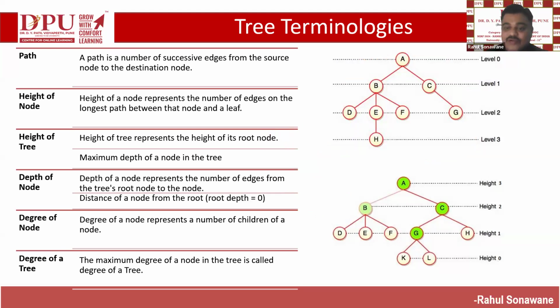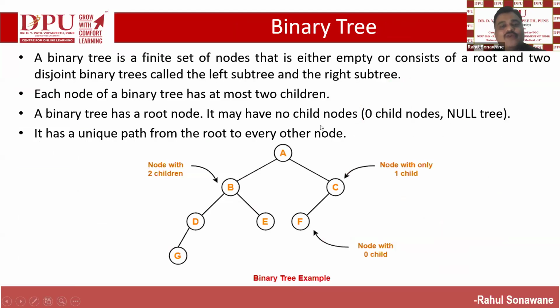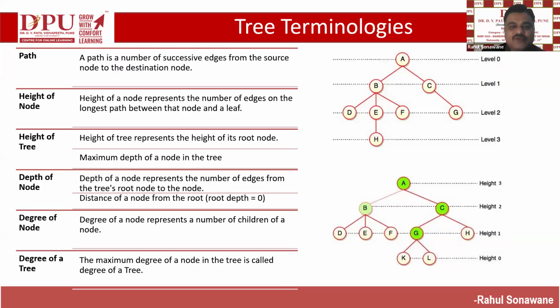So let's come back to the point and try to understand the practically implementable version of a tree, which is nothing but the binary tree. Because what we saw was an n-ary tree. You can see in this example, a node in a tree can have 3 children.